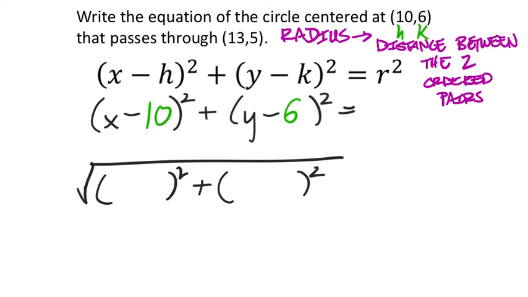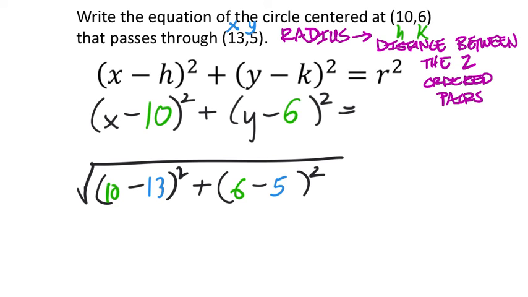Okay, but this is my distance between the 2 points, and it's subtraction between those. So I'm going to start with my x's. I'll start with the h, k, the center, so that x value is 10 and the y value is 6. And then the other ordered pair, I'm doing blue there, so that x value is 13, so it'd be 10 minus 13 squared. And then my y value is 5, so that has to go here.